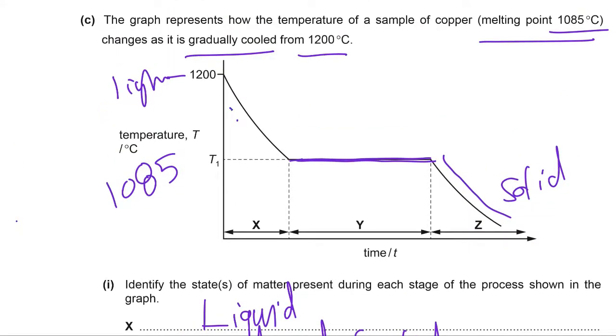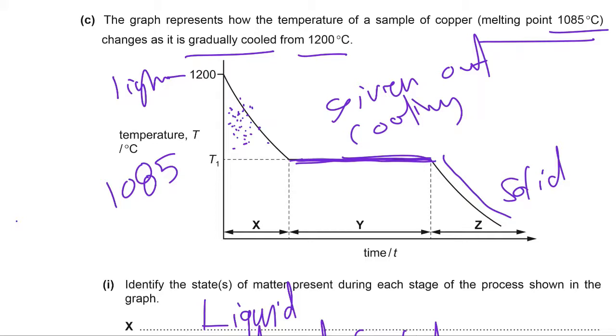As we have said, the particles have high kinetic energy because they are liquid. But when you arrive at the melting point, all the kinetic energy is given out. Okay, so during Y, all the energy is given out, and you will say cooling.